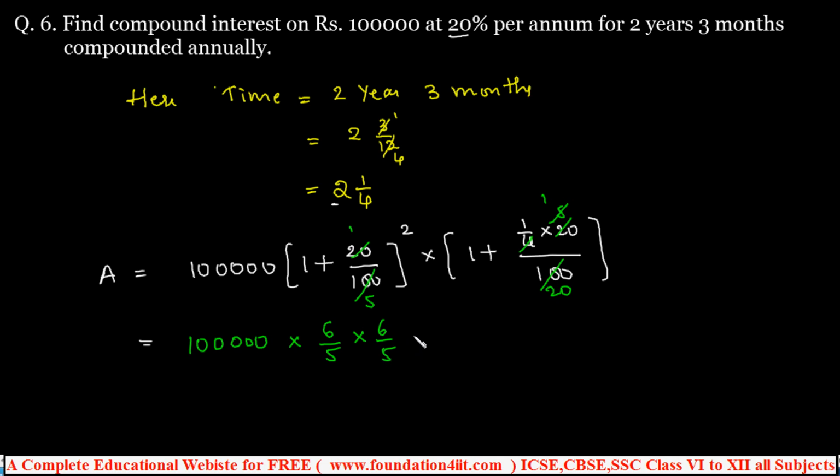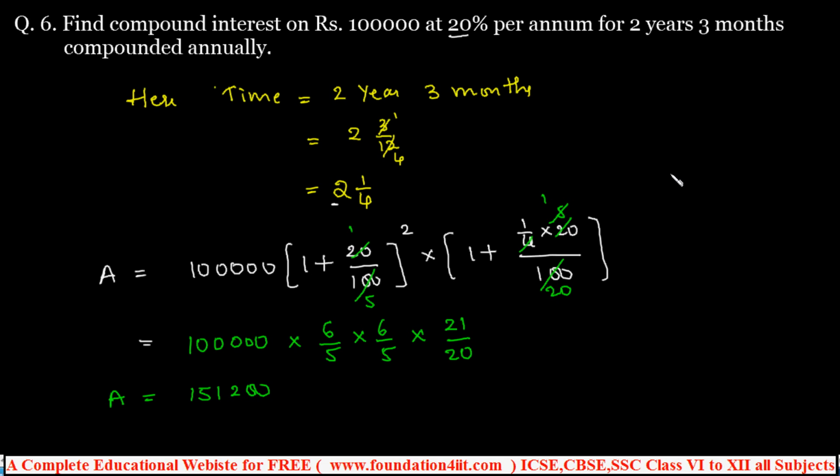So you write 2 times, into, again into, a multiplication symbol, not plus, and 1 plus 1 by 20, so 21 by 20. So the value is increasing because 21 by 20 is more than 1. The value will be increased because of even these 3 months. Now when this is calculated, we'll get 1,51,200. Now this is the amount.